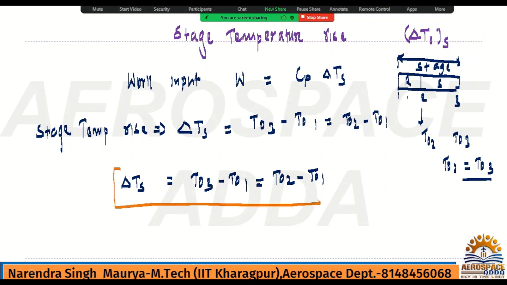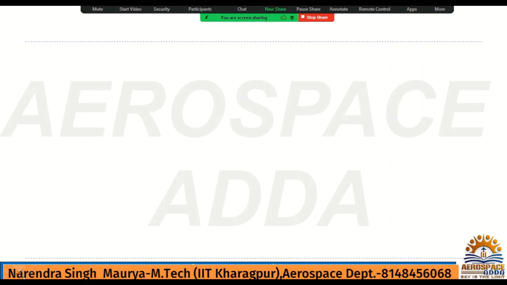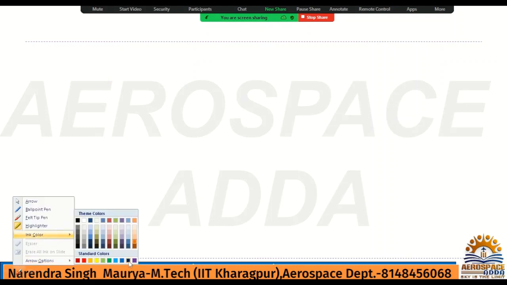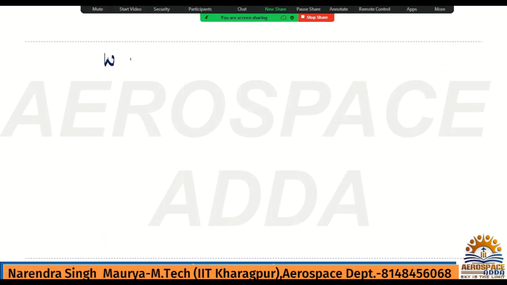Now you have the work. This is the work input in the compressor that you have already calculated. Now this value you can get in terms of alpha and beta. W is nothing but Cp delta Ts, so delta Ts is W by Cp. What is W? It is U times (Ct2 minus Ct1), divided by Cp.